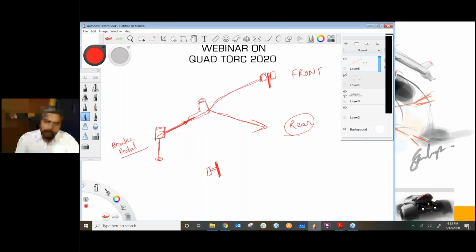So rotor is directly attached either to the wheel or the drive shaft. So stopping the rotor basically stops the wheel. All right.